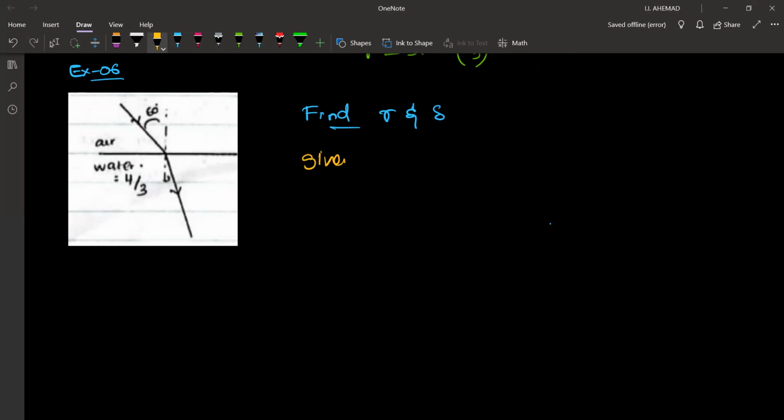Given sine inverse. This is given. So we can write n is equal, nw is equal sine i over sine r.